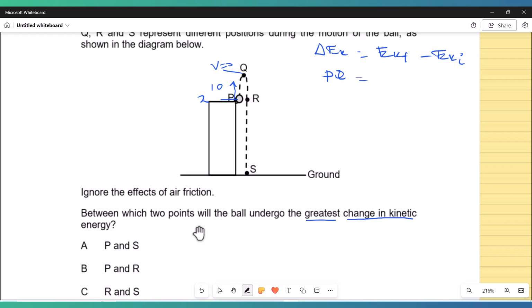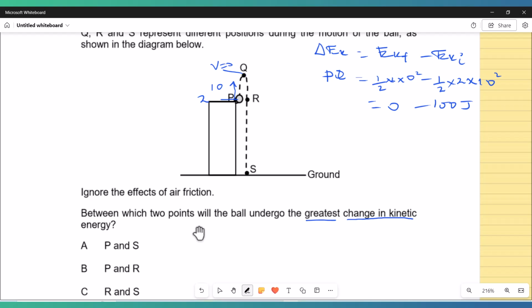So the EK final is going to be a half times 2 times velocity final, which is going to be 0 at maximum height, 0 squared, minus EK initial, which is a half times 2 times 10 squared. So you're going to get 0. Now the 2 cancel here, which gives us 100. So there we have negative 100 joules.